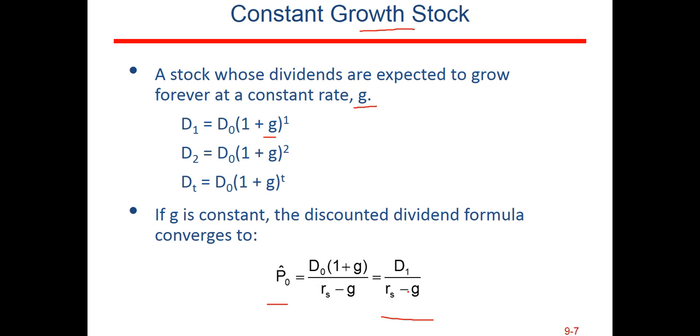It reduces to that, and it can be shown mathematically. I don't need you to derive the formula, but you need to understand that in order to reduce it to a simple formula like this, there is a big assumption, where the company grows at g percent constantly, indefinitely. It's a big assumption. It makes the formula very easy.